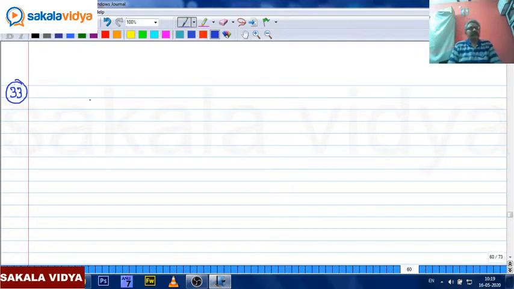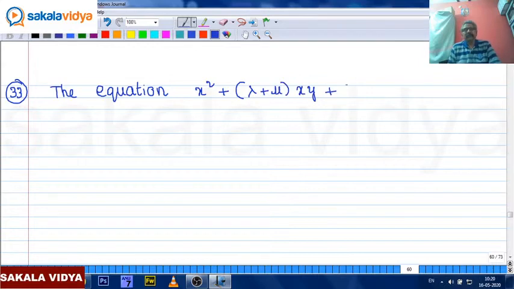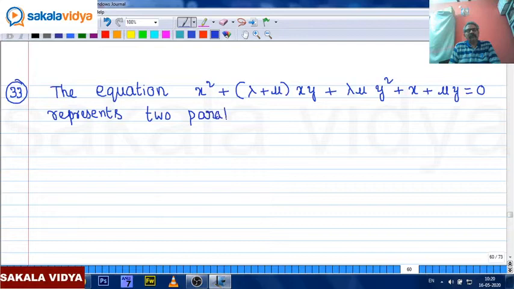Question number 33. The equation x square plus lambda plus mu of xy plus lambda mu y square plus x plus mu y equals 0 represents two parallel lines.